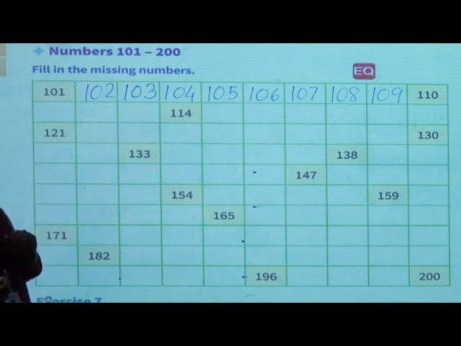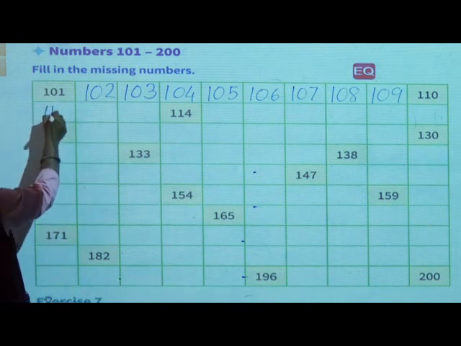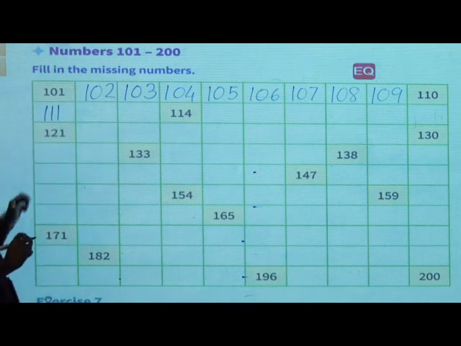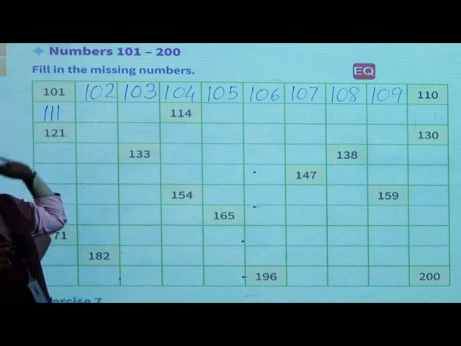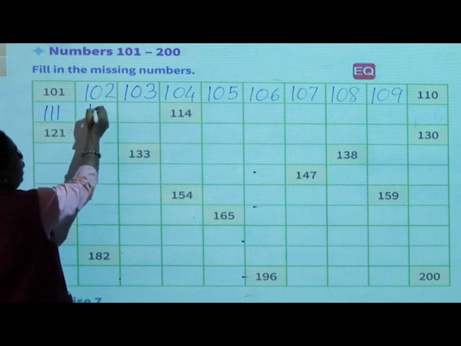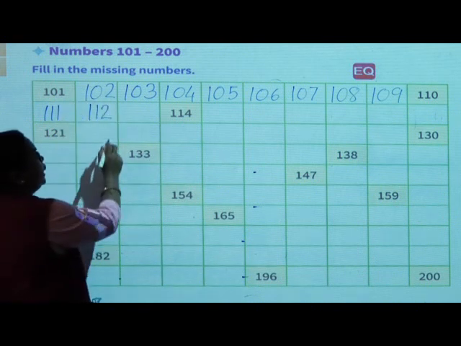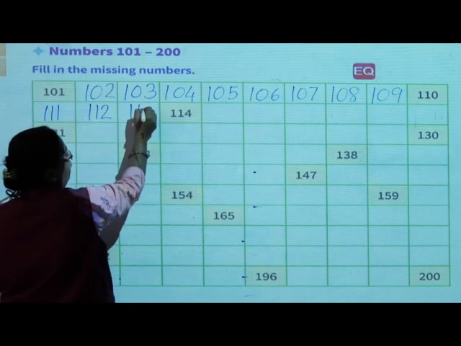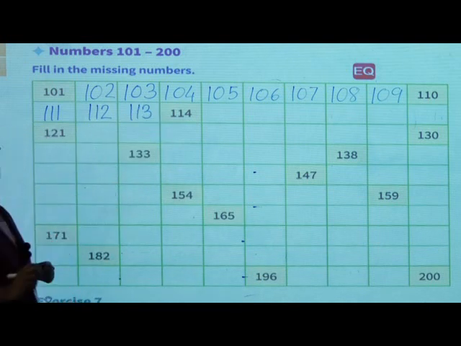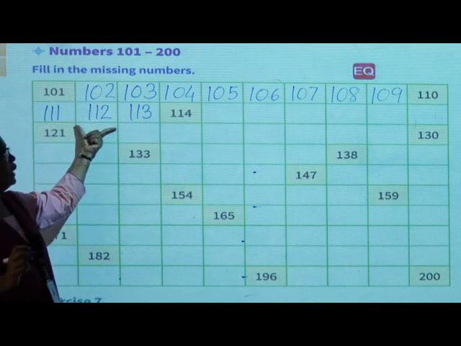Okay. Then after 110, what will come after 110? 111. Okay, then after 111, yes, correct, 112. Yes, then next 113. Then 114 is given. We have written missing numbers.